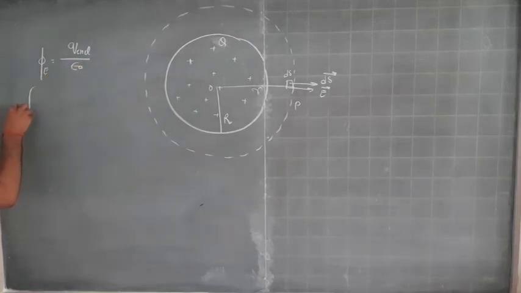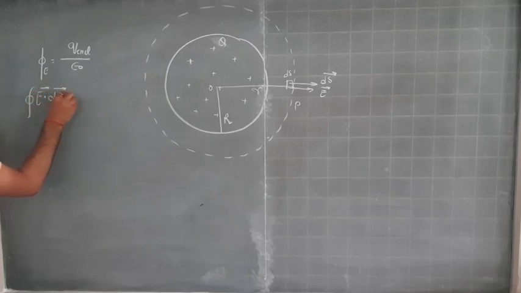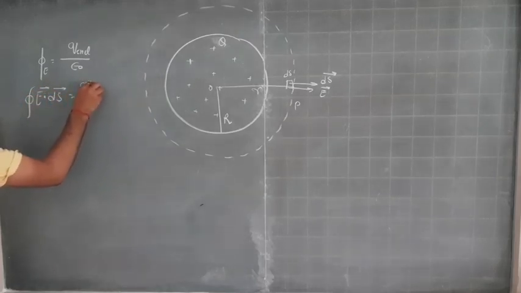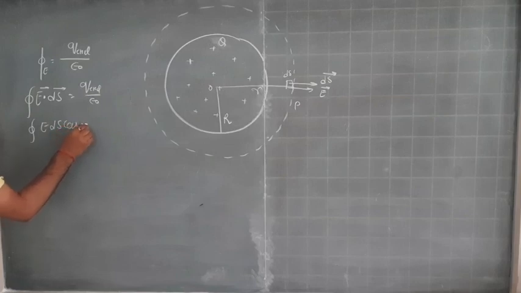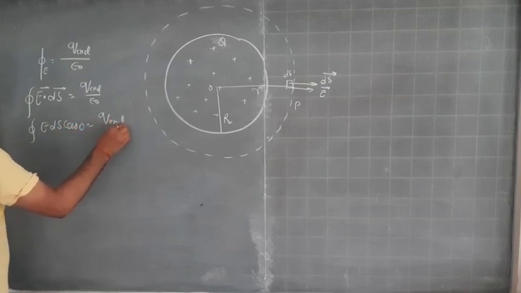We can write flux as E dot ds equals charge enclosed divided by epsilon naught, and since these two are parallel, I can write it as E ds cos 0 equals q enclosed divided by epsilon naught.